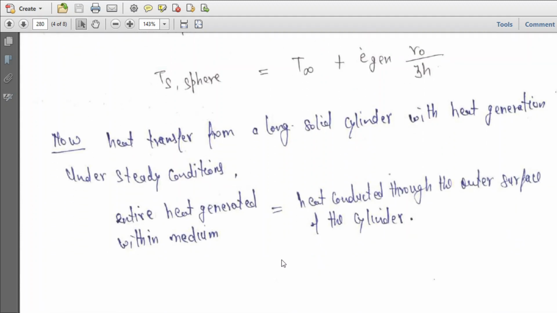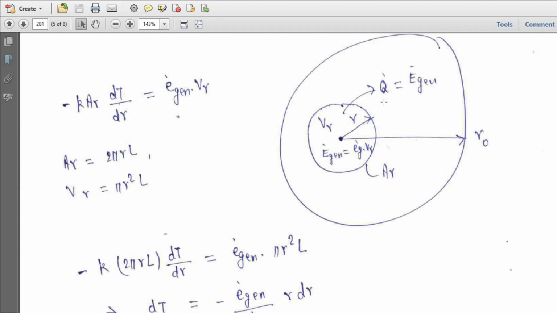Now heat transfer from a solid cylinder with heat generation under steady state. The entire heat generation within the medium would be the heat conducted through the outer surface of the cylinder. So let's say this is the cylinder. You are generating energy, E dot generation into volume, where the volume V r is for radius r, and the corresponding surface area A r is 2 pi r L. Then Q dot is equal to E dot generation.